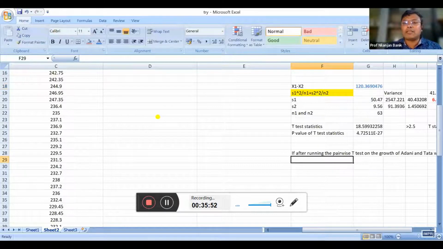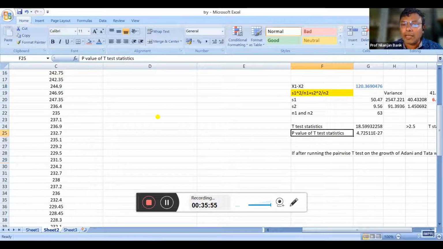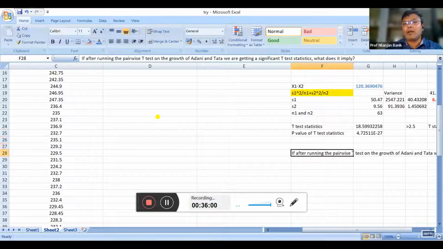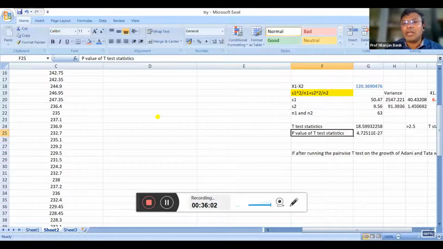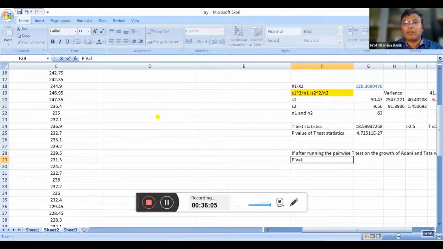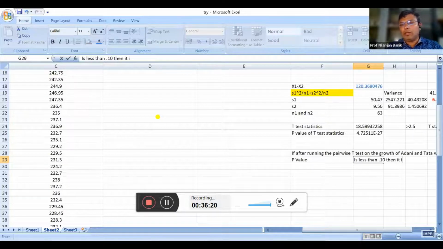So if the T statistics is coming to be statistically significant, how do I know whether the T statistics is statistically significant or not? I have to derive the p-value. Let me repeat the p-value one more time. The rule of thumb is if the p-value is less than 0.10, then it is statistically significant at 10% level.